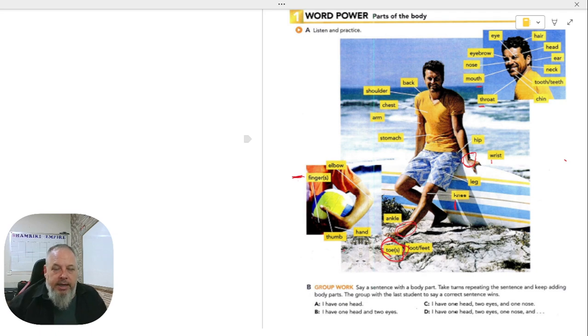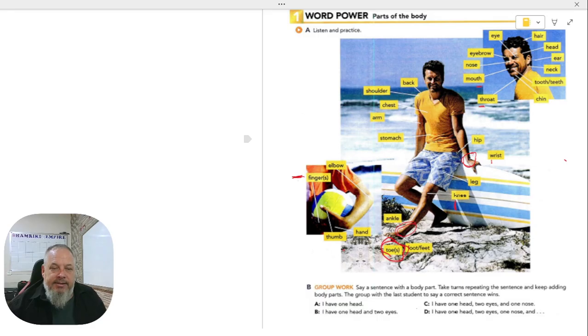So you can review that. On the bottom, part B, it says, say a sentence with a body part. Take turns repeating the sentence and keep adding body parts. The group with the last student to say the correct sentence wins. So they have an example.